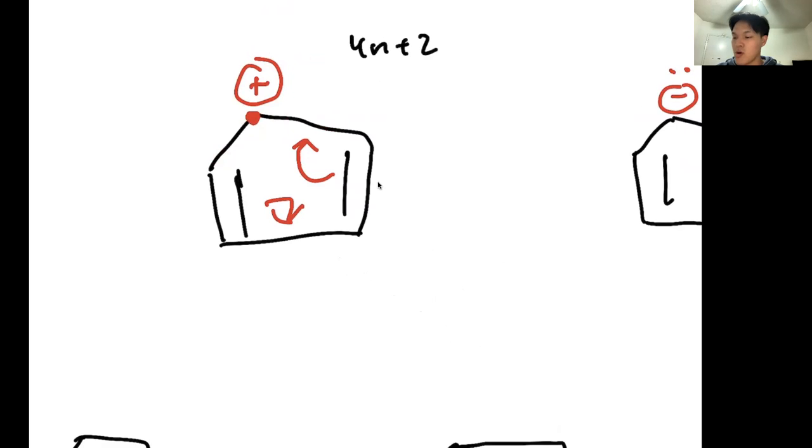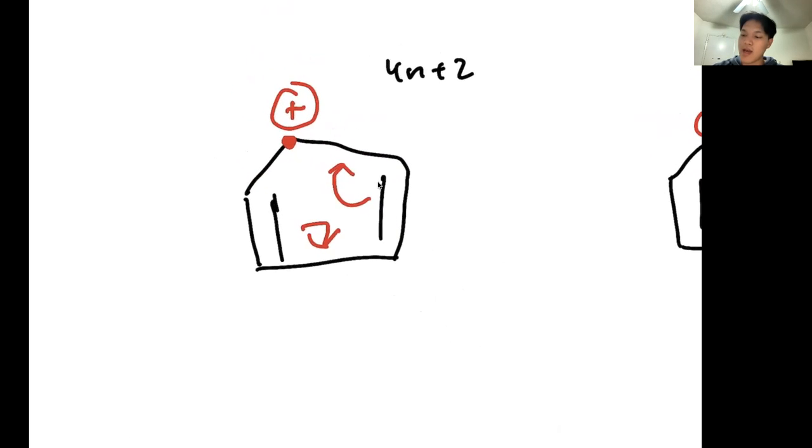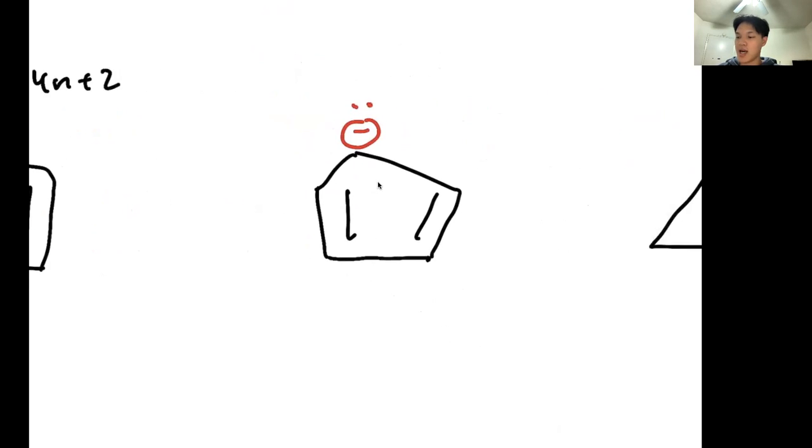This molecule is not in the same plane, so this is not aromatic as well. But what if we add a lone pair of electrons to the mix? So if we add a lone pair of electrons, that means that this electron here has the ability to contribute double bonds into the system, right?